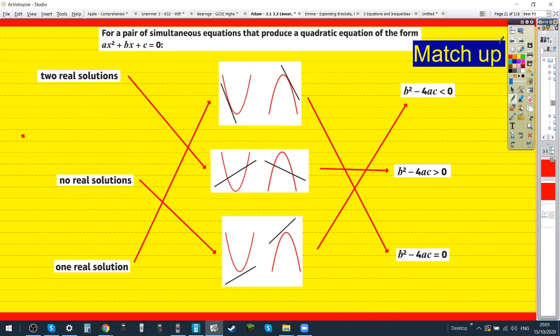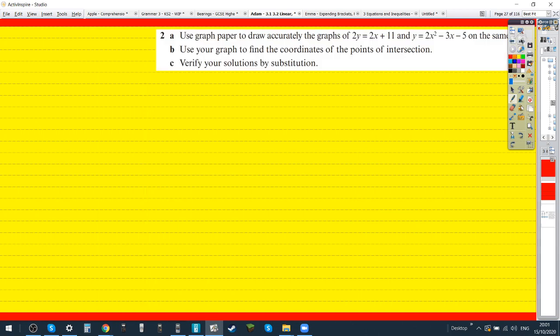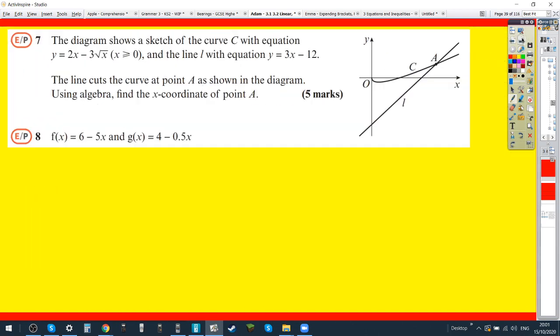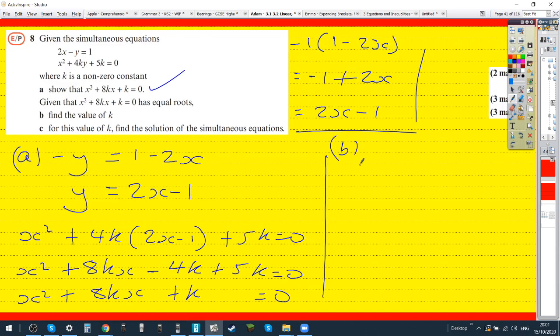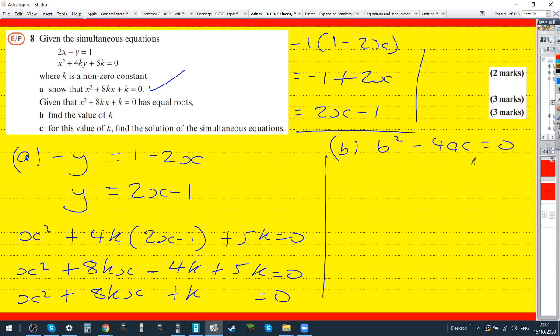Oh, it's b squared minus 4ac. Yes. B squared minus 4ac equals 0. Find out what a, b, and c are. It would be 8k squared minus 4 times 1 times k equals 0.